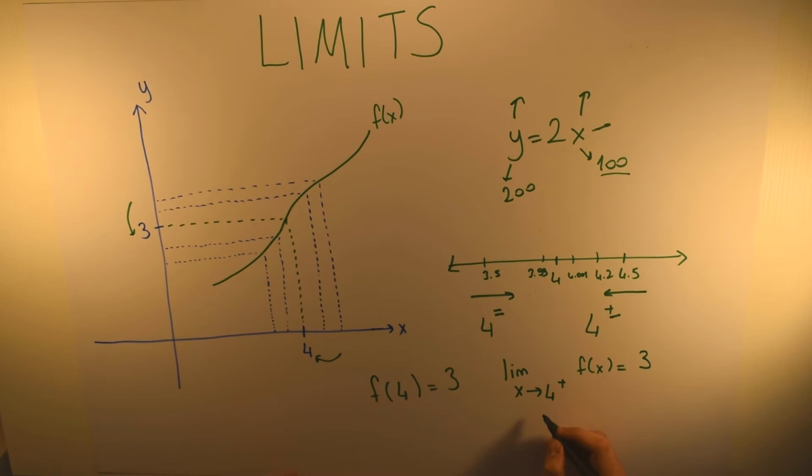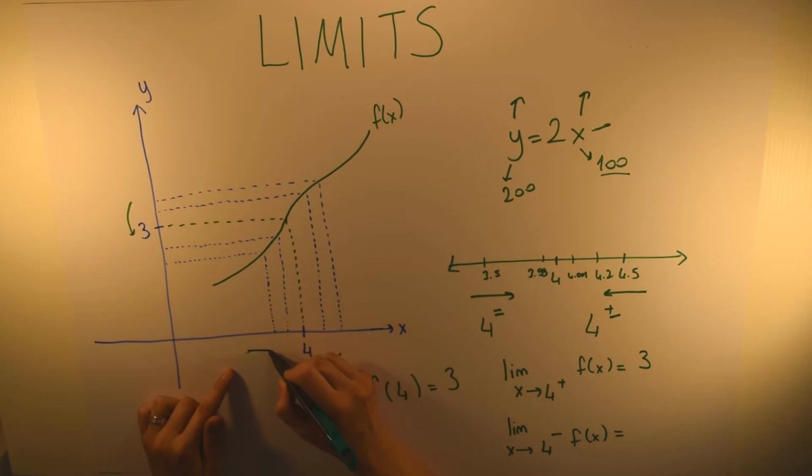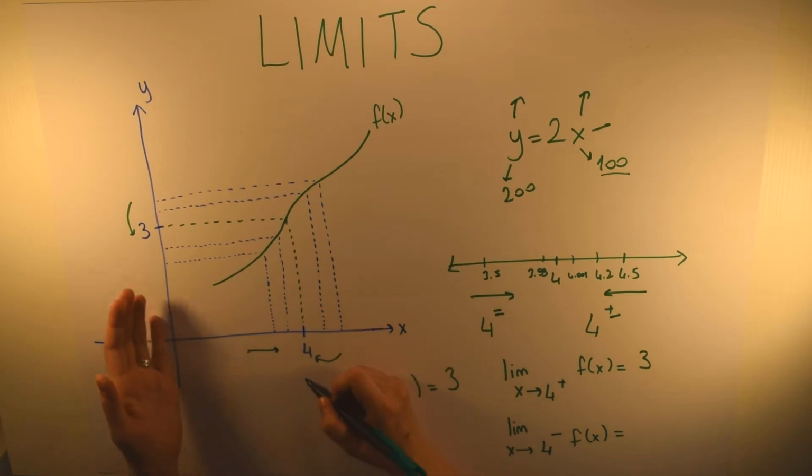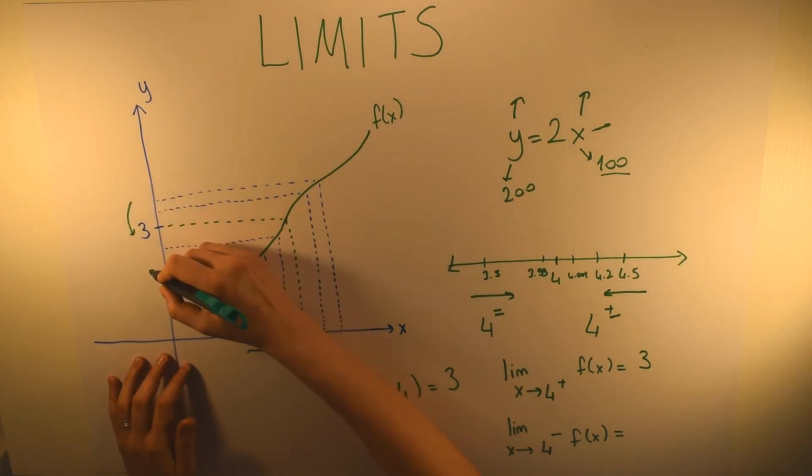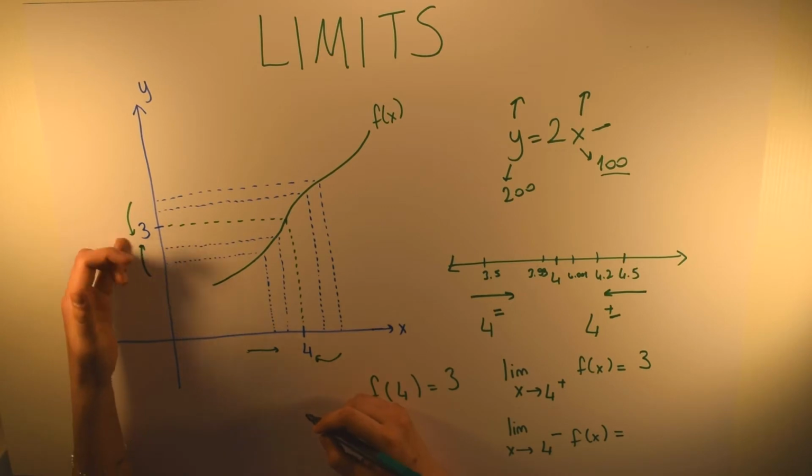So let's look at the left side. Limit as x approaches 4 from the left, f of x is equal to. From here, as you can see, when I approach 4, our y values are also getting closer to 3.